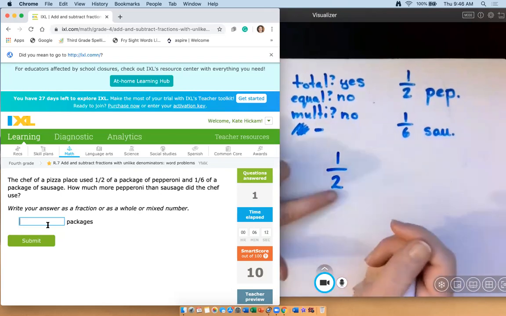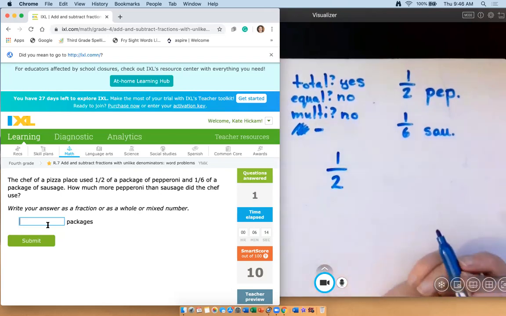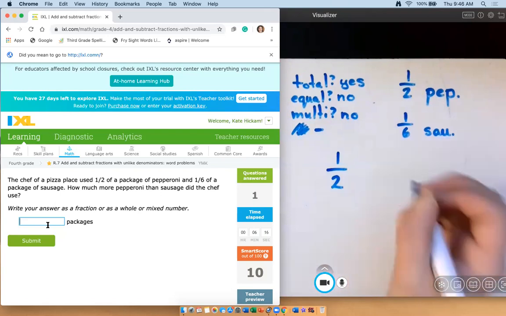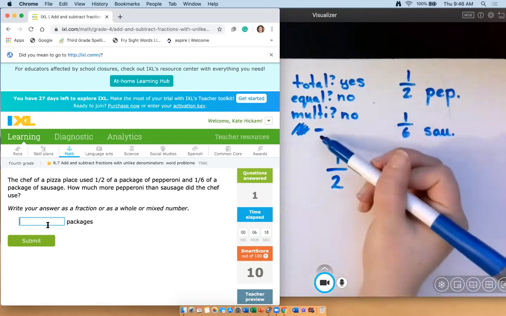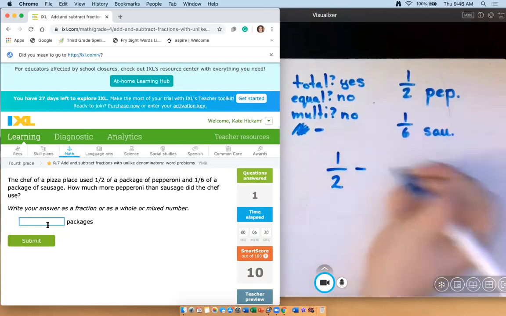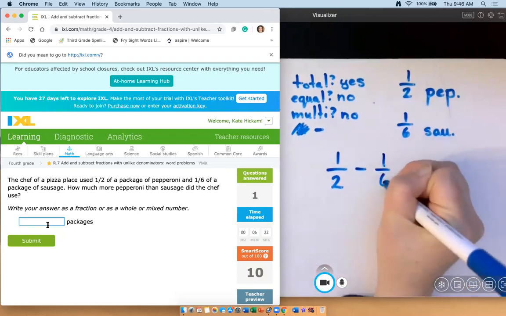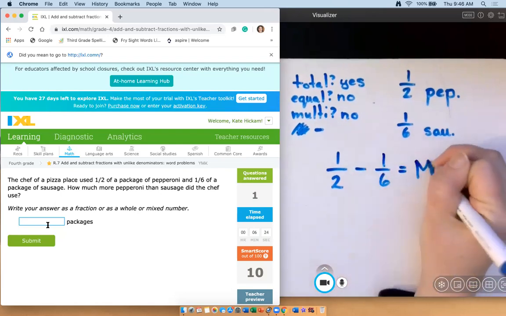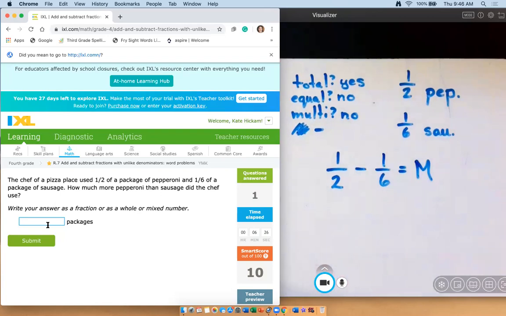And this is saying that my bigger number is 1/2. Then I know that I'm subtracting 1/6. And that's going to give me how much more they have. M in this case is standing for more.